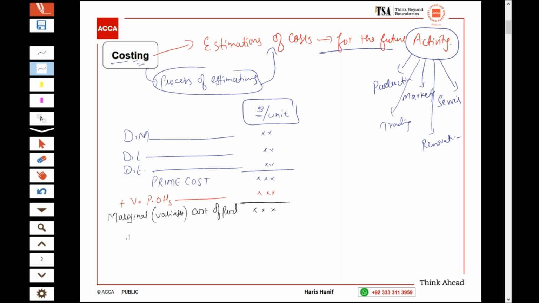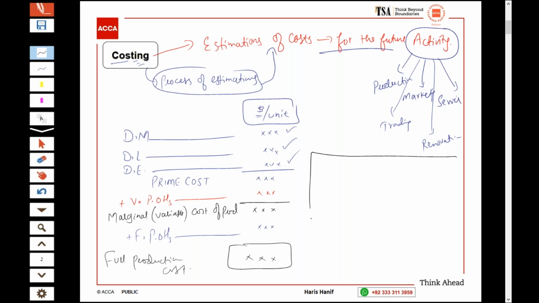Then you will be adding fixed production overheads. Then the total amount will be full production cost. And these are my cost per unit, and the process is known as the costing. Costing means estimation of the cost for the future activity, and you are supposed to add direct material, direct labor, direct expenses, and all that stuff.